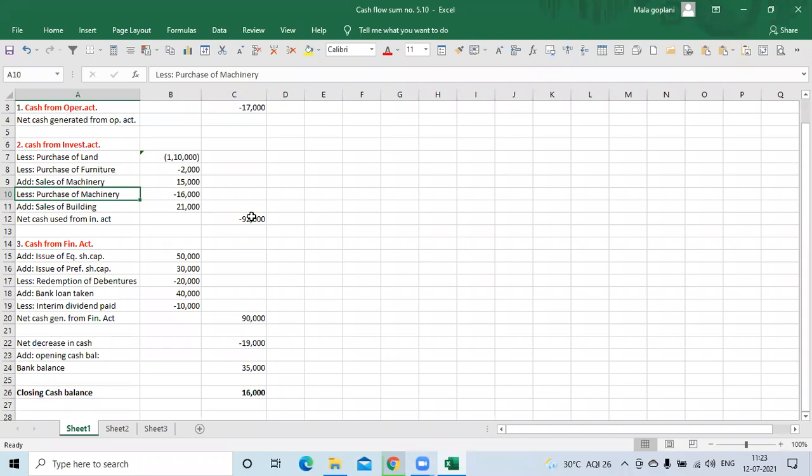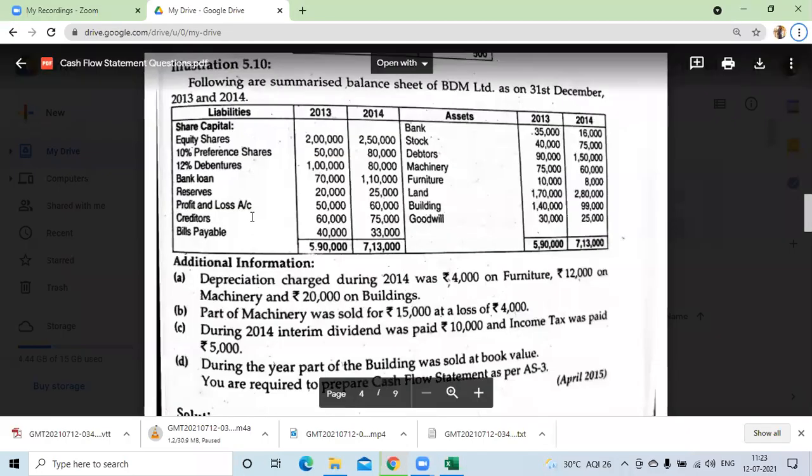Less purchase of machinery, bracket 16,000. It is not given in the question, but it is there in the ledger account because that was a balancing figure that you have calculated. Bracket means minus.